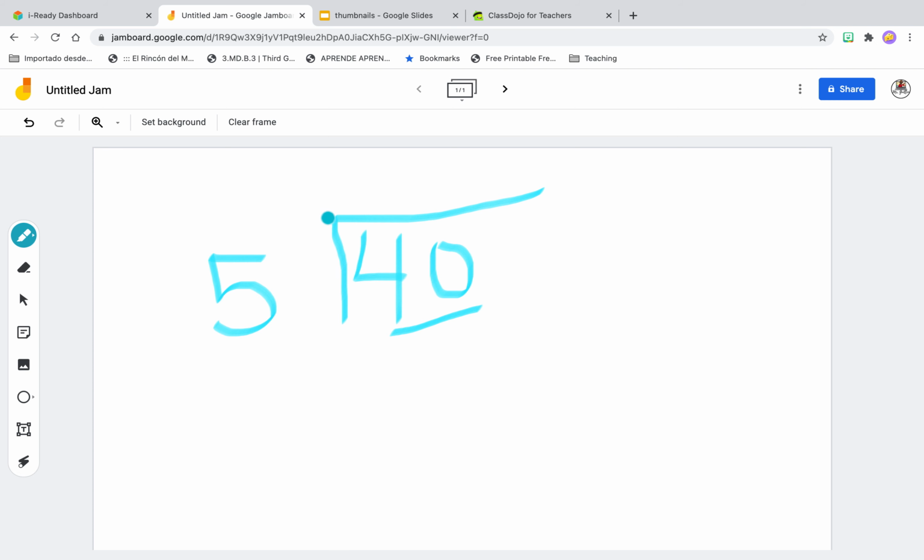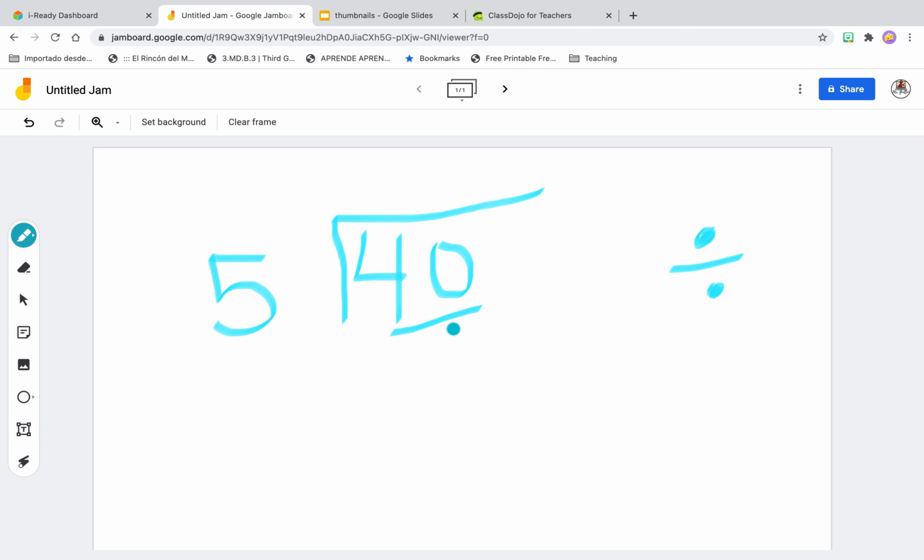I want to clarify for them that this symbol you see here, like an L turned over, also means division. The symbol that they are used to is this one I have here on the right side of my screen.